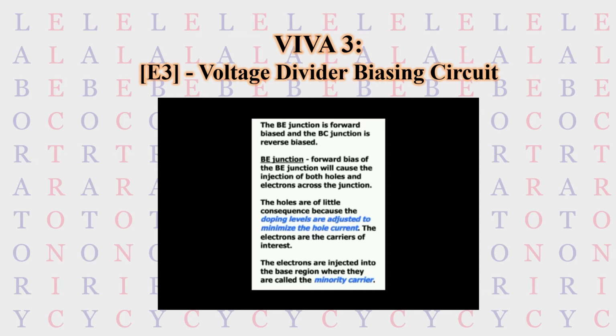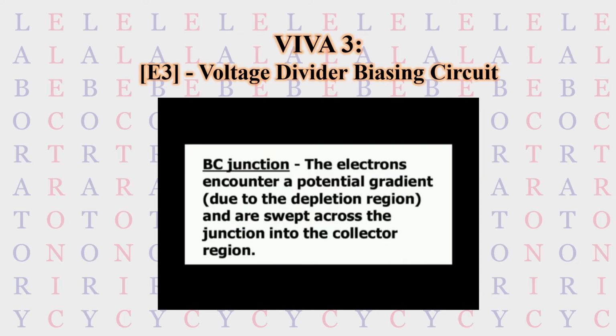The electrons are the carriers of interest. The electrons are injected into the base region where they are called the minority carriers. Meanwhile, the electrons in the BC junction encounter a potential gradient due to the depletion region and are swept across the junction into the collector region.